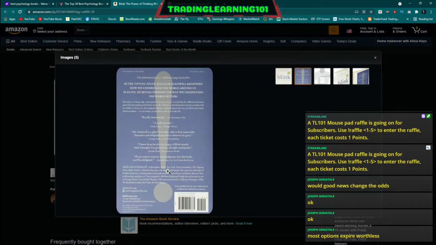I think that this is a good book to pick up and read because that's what we do. We're decision makers. We decide on what stocks we're going to trade, when we're going to trade them, right?